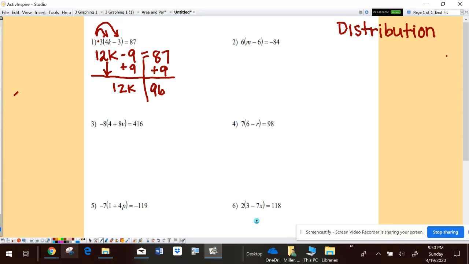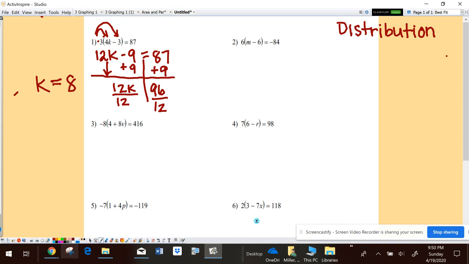What is my next step in this equation? Yep, that's right. We want to divide by 12 on both sides. And that brings me to k equals 8.